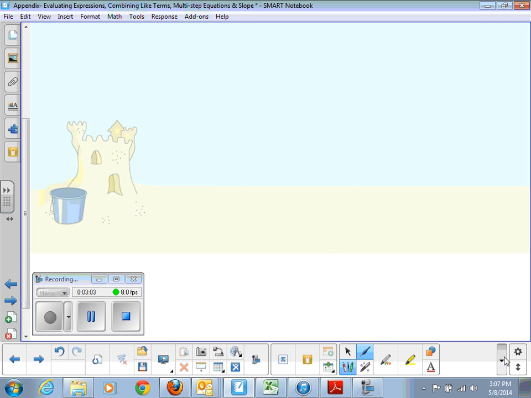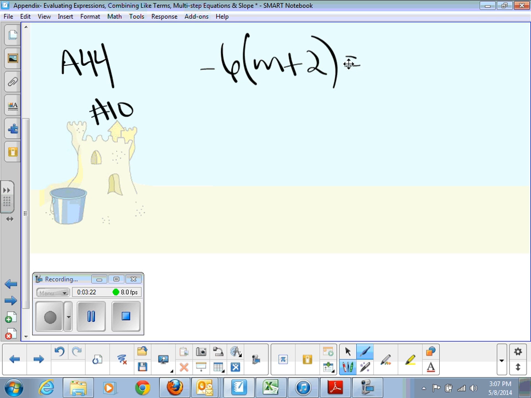One other question to help you out. If you're in my class right now, this will be number 10 on page A44 of your textbook. So we've got negative 6 times the quantity m plus 2 equals m minus 2.